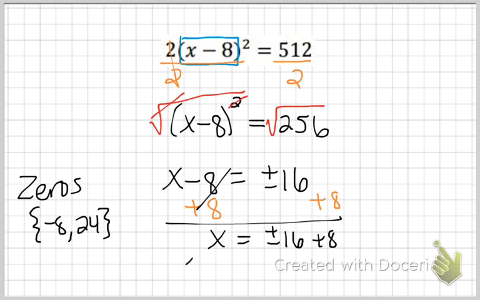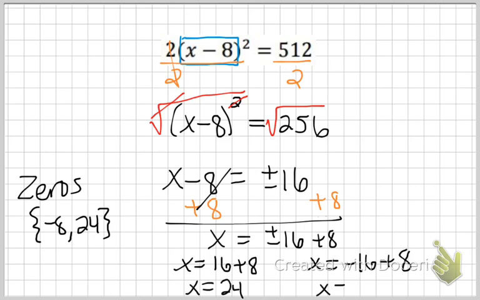So that means x is either 16 plus 8, or x is negative 16 plus 8. Either way will result in x being 24 and x being negative 8, which are still the same solutions that we obtained the other way.